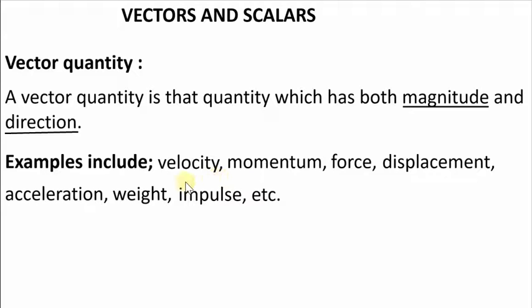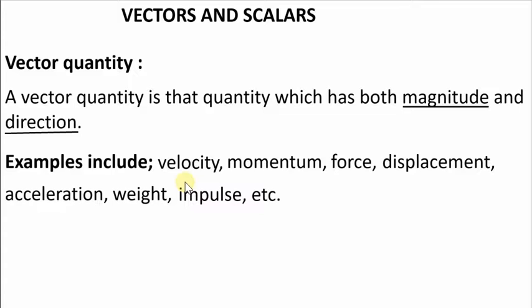For example, velocity is the rate of displacement in a specific direction, or the rate of change of distance moved in a specific direction. It is more like speed, but whenever you are talking of velocity, you need to talk about direction. Let's say you see a car passing by.